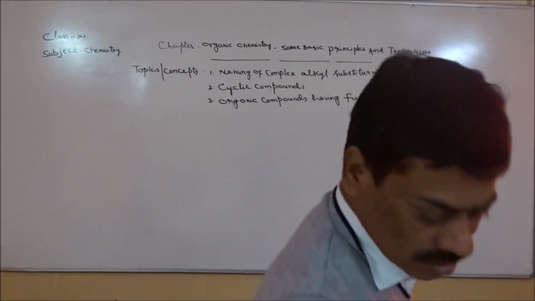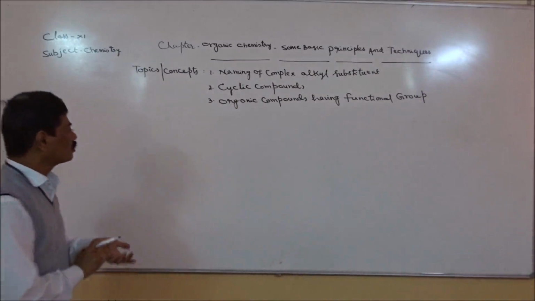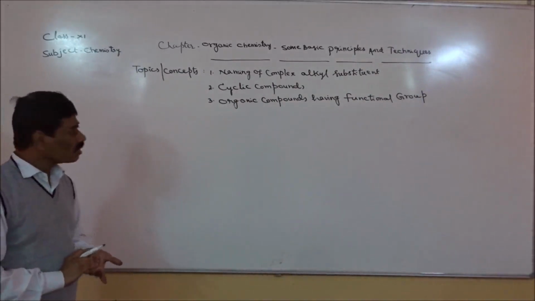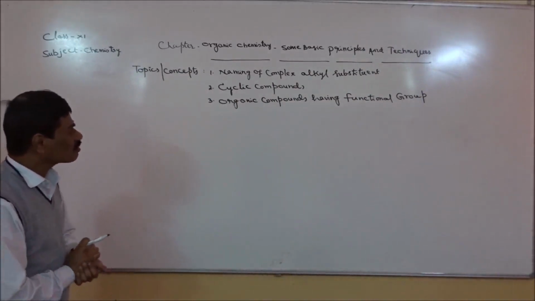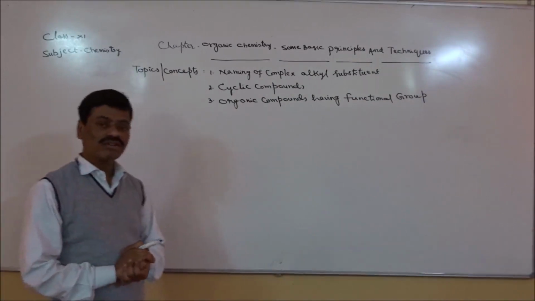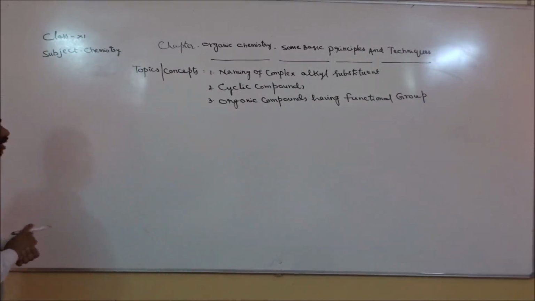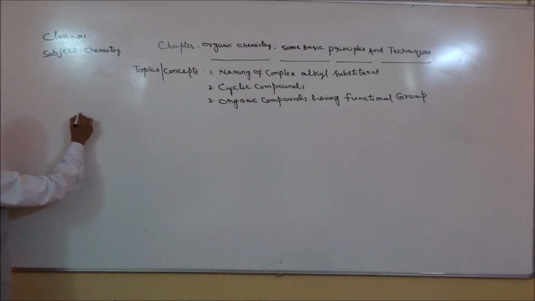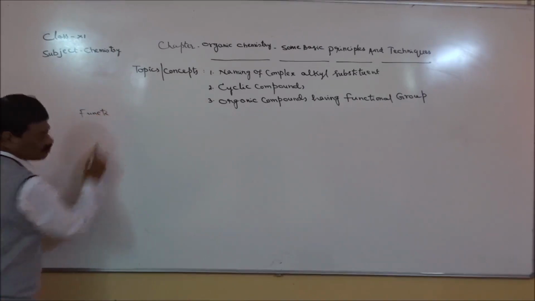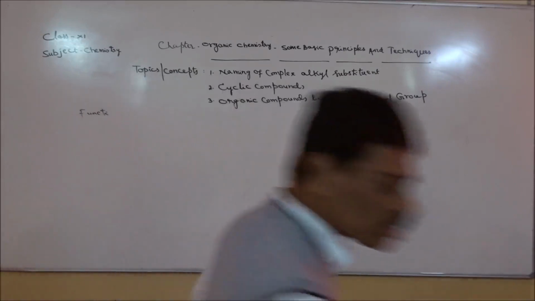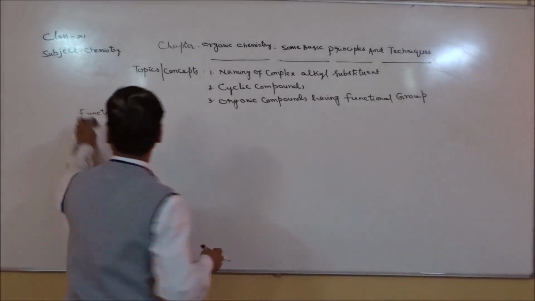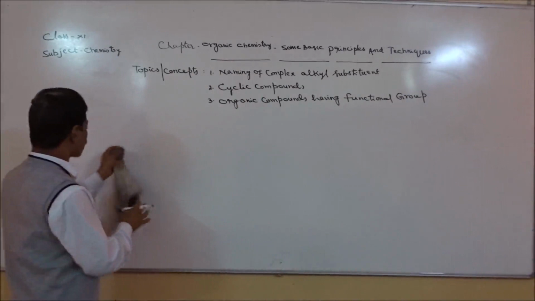Yes. Now, I'll move to the last topic, that is organic compounds having functional group. Here you need to remember, functional group means the active part of the organic compound.